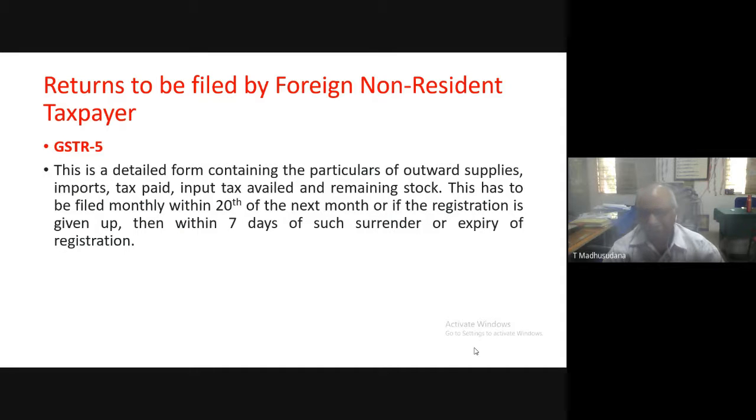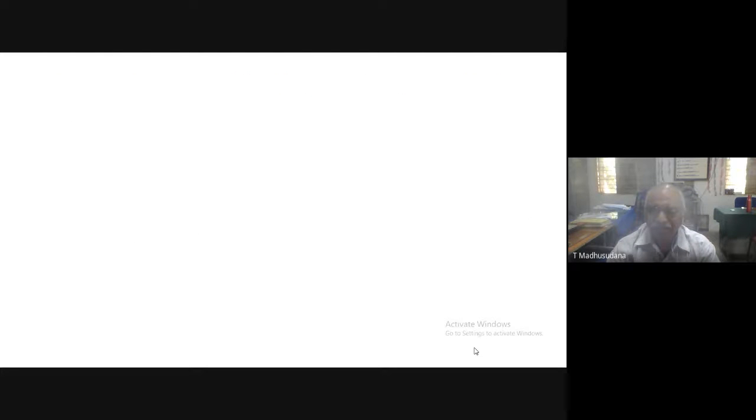This is the monthly return. Suppose they have cancelled the registration, then it is to be filed within 7 days of such surrender of registration. Okay, that is the GSTR 5, the return to be submitted by the non-resident taxpayers.